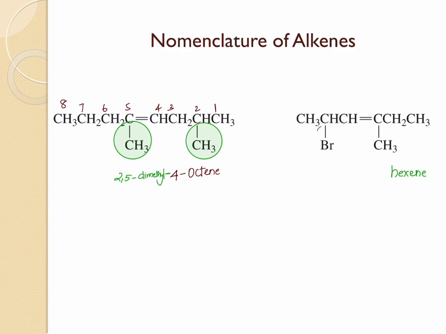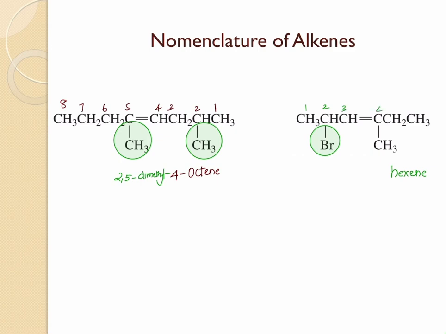We have 2 substituents here. We have a bromine, which is at position 2 when we start counting from left to right. And we have a methyl group, which is at position 3. Now between these two, which one are we going to choose? Obviously, we have to choose to go from left to right. That way, both the bromine as well as the double bond will get the lowest possible number.